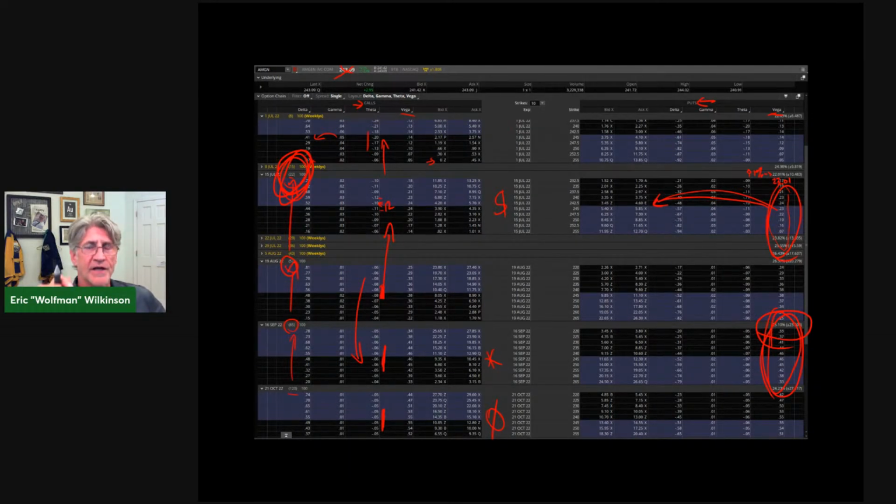Okay. I'm not going to tell you what you should do on your directional assumptions or any of that stuff. I'm never going to come out there and tell you this is a great bullish trade. You won't hear me say that. You'll hear me say, I think this is a good bullish trade. It's up to you to come up with your assumption on directionality. What I'm talking about are just facts. This is how the markets work in the options.